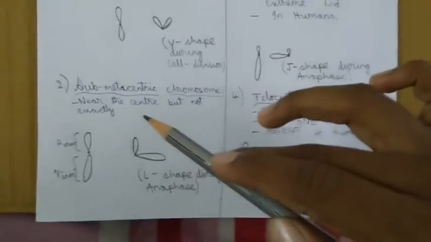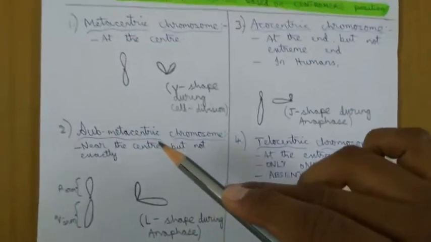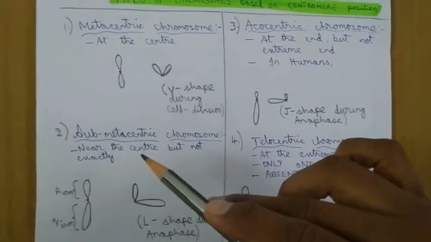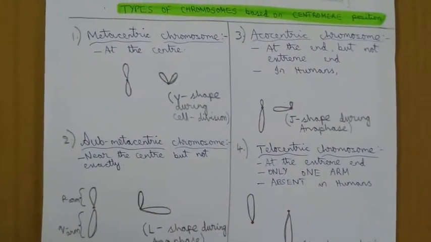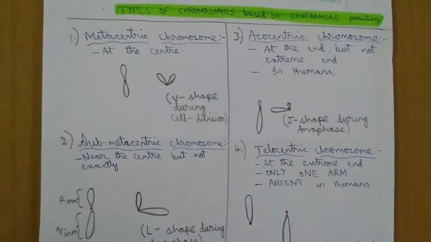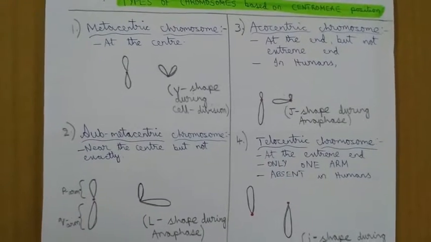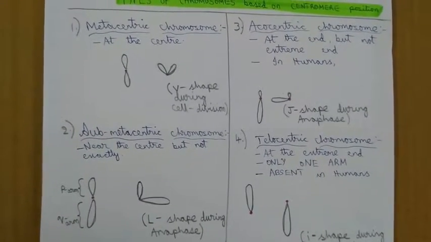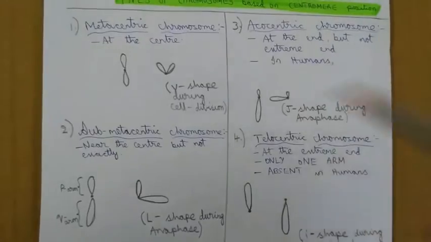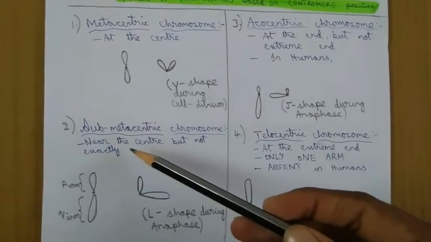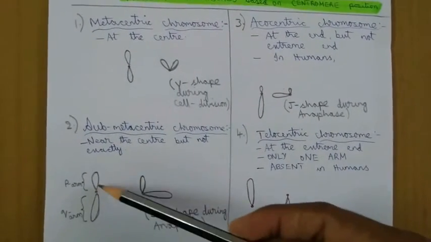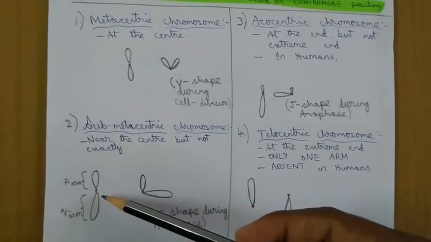Next, coming to the submetacentric chromosome, it is different to the metacentric. Why? Because in metacentric the centromere is present exactly at the center, whereas here the centromere is not exactly at the center but near to the center. And because of that, two arms are divided in different measurements.